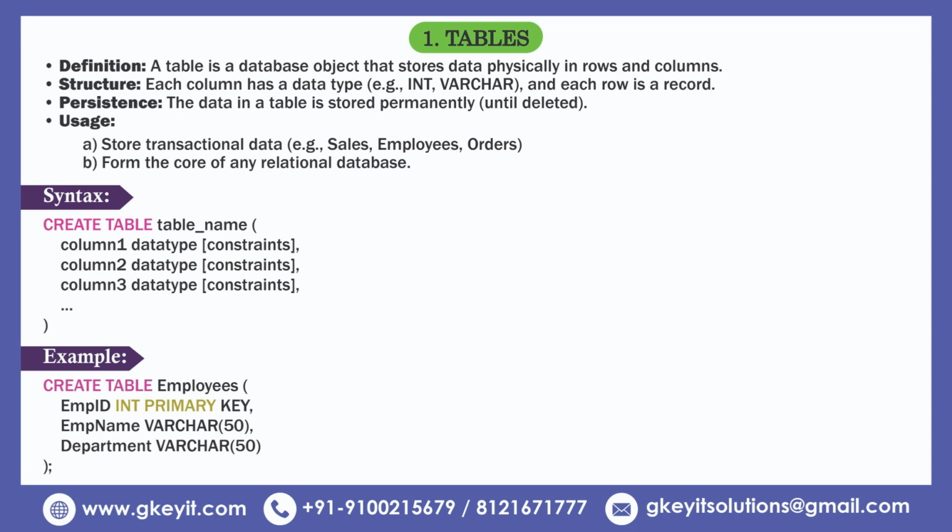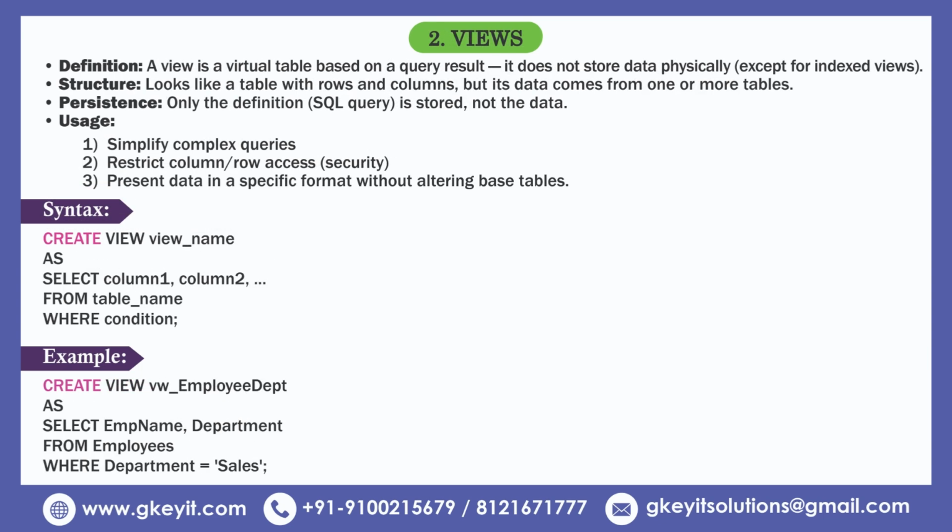Here we are creating a table called employee with columns like employee ID with data type integer and the constraint primary key, and another column employee name with data type varchar, and department with data type varchar. These things we are going to see in SSMS once we get the explanation for the remaining concepts. This is about tables. And coming to the views.